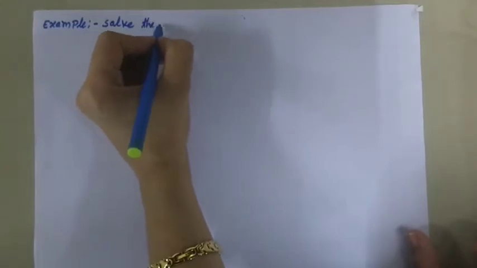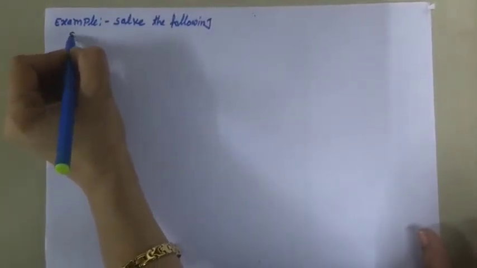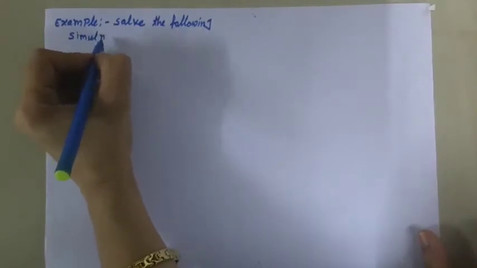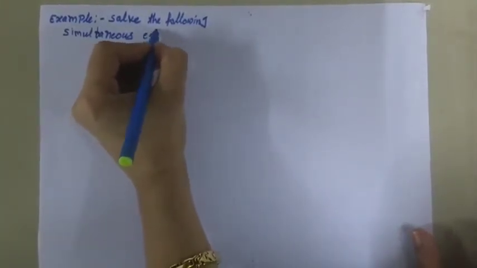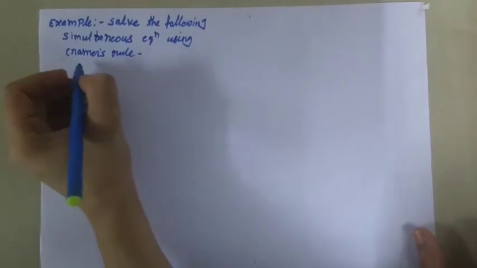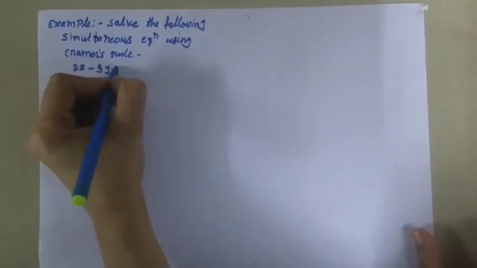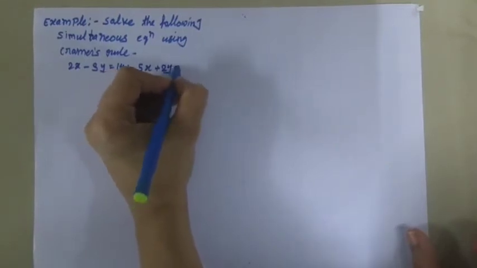Example: solve the following simultaneous equations using Cramer's rule. 2x minus 3y equal to 14 and 5x plus 2y equal to 16.